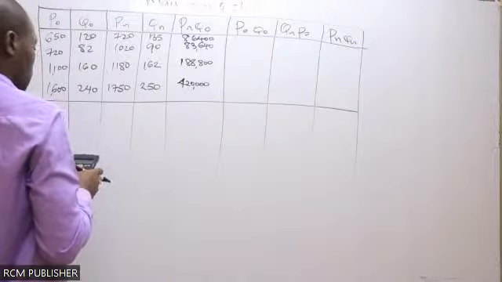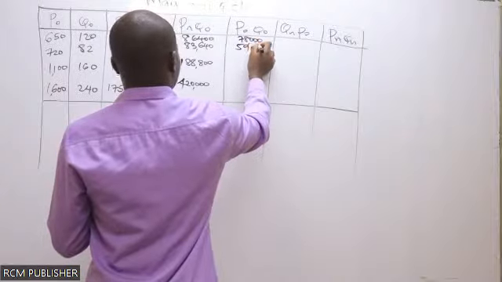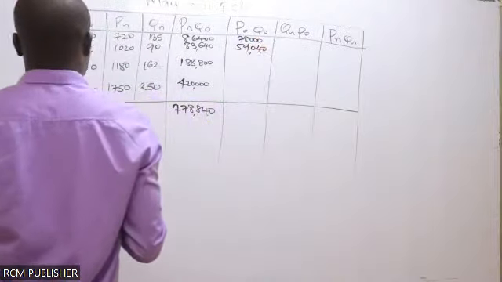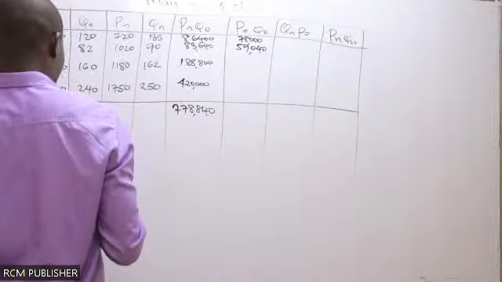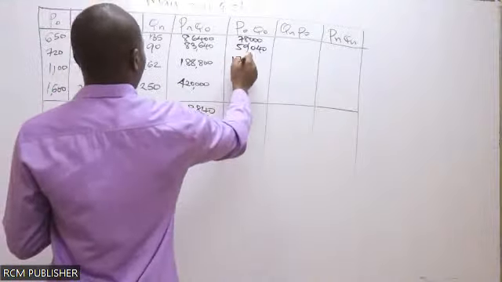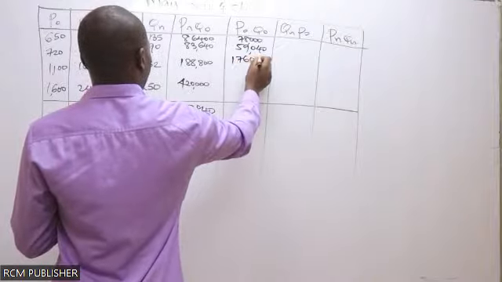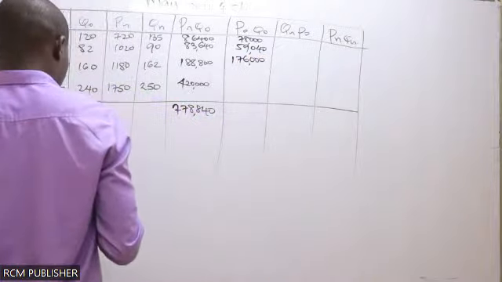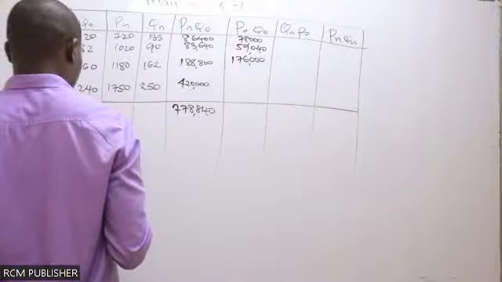Okay, POQO. 650 by 120 to be 78,000. Then 720 by 82, 59,040. Then 1100 by 160. And then 1600 by 240.